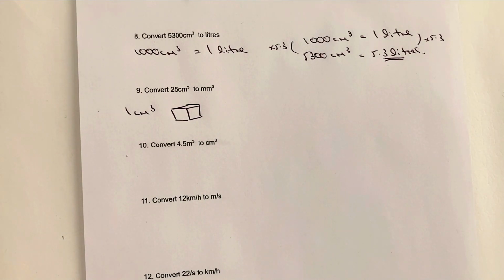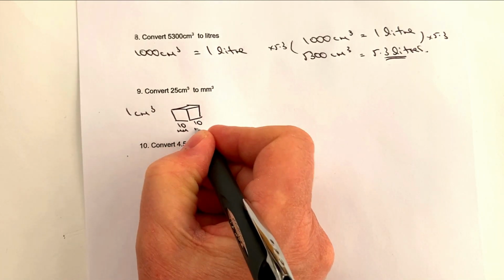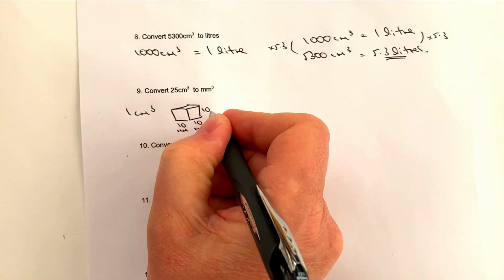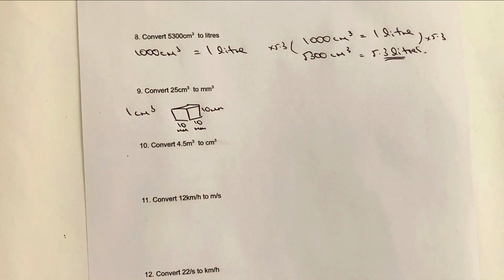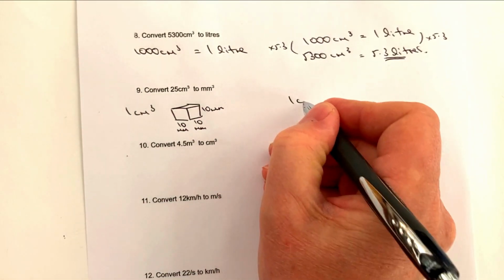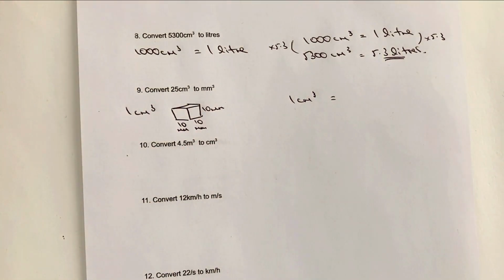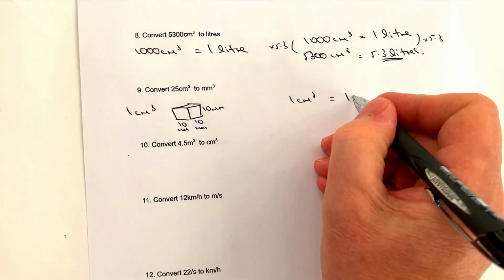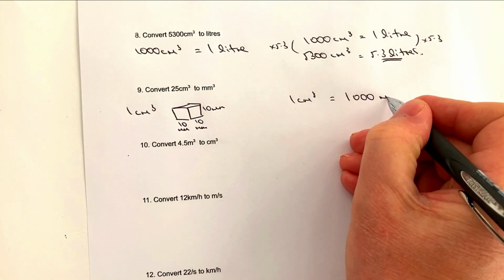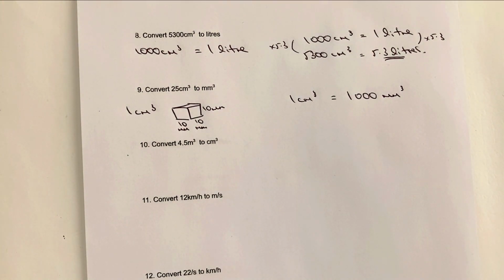Okay, so if it's converting to millimeters, it's going to be 10 millimeters by 10 millimeters by 10 millimeters. So what does that work out as? Well, in millimeters cubed, it's 10 times 10 times 10, which is the same as saying 1 times 1 times 1, which is 1, and then I've got 3 noughts afterwards. Okay, and that's millimeters cubed. So 1 centimeter cubed equals 1,000 millimeters cubed.